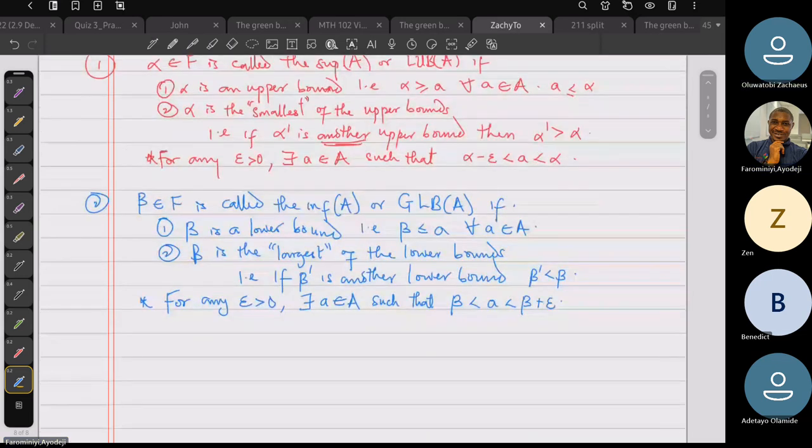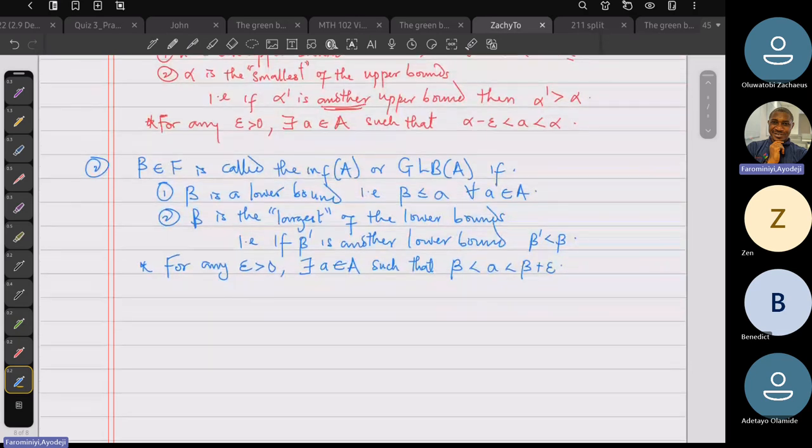Yes, sir. Beautiful. Okay, common examples. The set of natural numbers, when we are considering it relative to, let's say, the integers, does it have a lower bound?